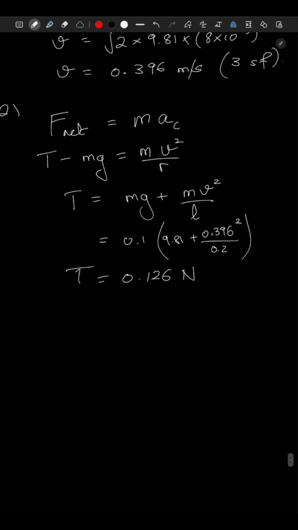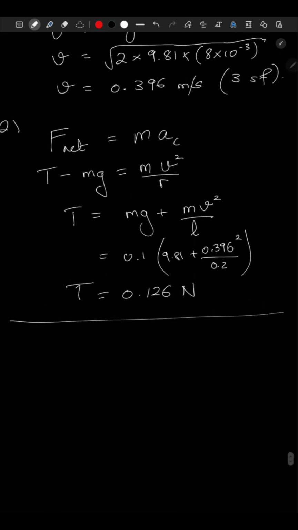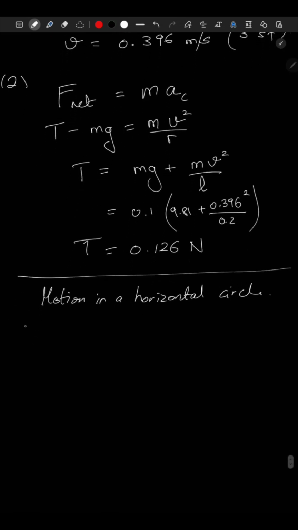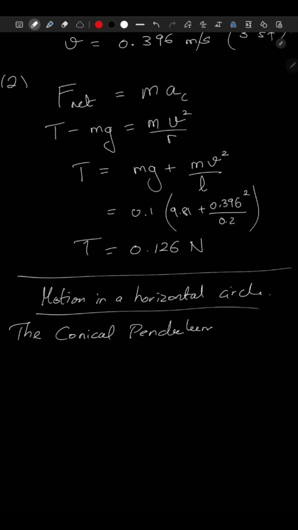Now let's see motion in a horizontal circle, which is also called the conical pendulum, because it looks like a cone.